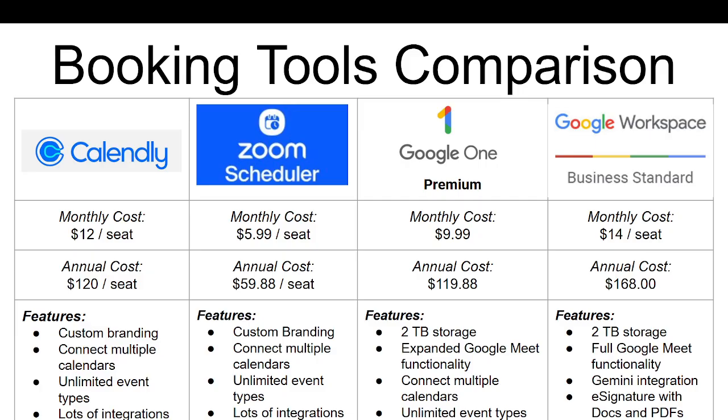One of the great benefits of Calendly, and one of the reasons why there is additional cost, is Calendly is a booking tool, and that is it. It doesn't do anything else. You'll see the other three solutions all do other stuff, and then there's an upcharge to get the full functionality of the booking tools. Now, I should also point out here, Calendly does have a free option that's pretty powerful.